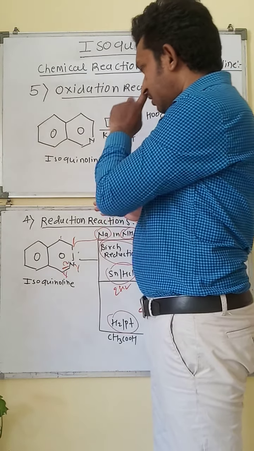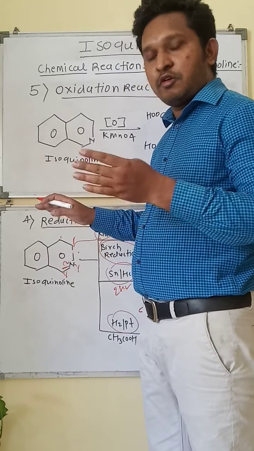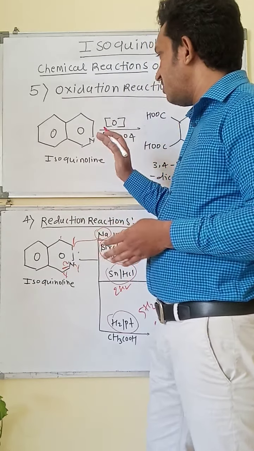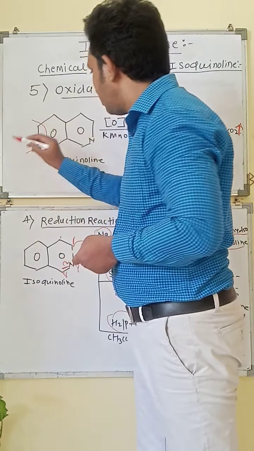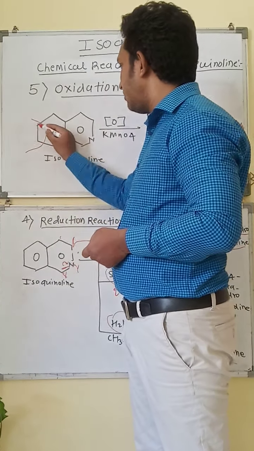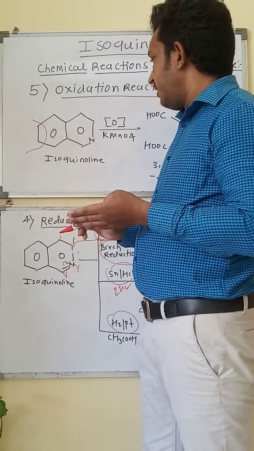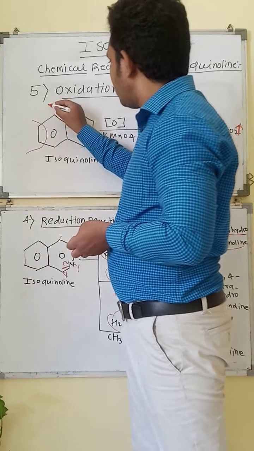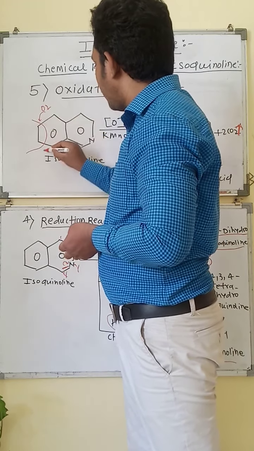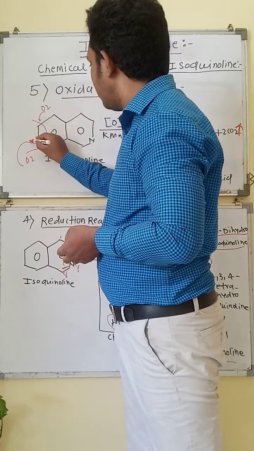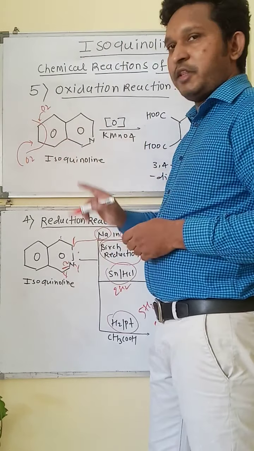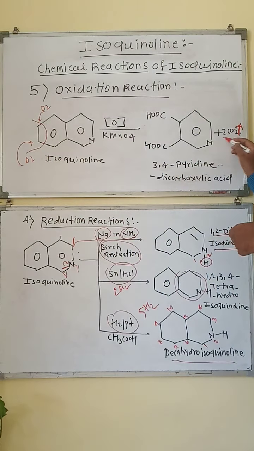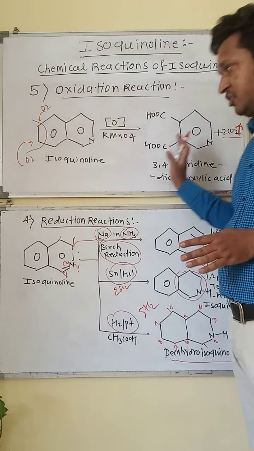The benzene ring is susceptible to oxidation rather than the pyridine ring. So first of all, these two carbons will be removed in an oxidation reaction. 2 oxygens will be added on each carbon atom, so that there is a formation of 2 CO2, and these 2 carbon dioxide molecules are removed by decarboxylation.